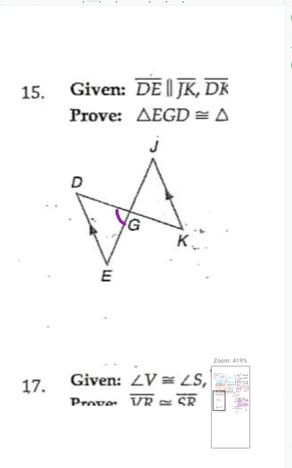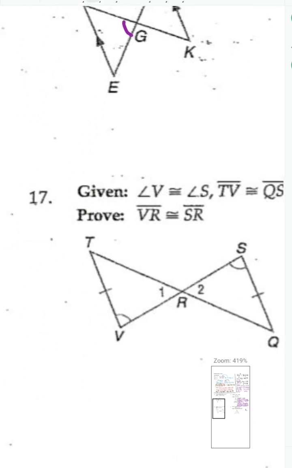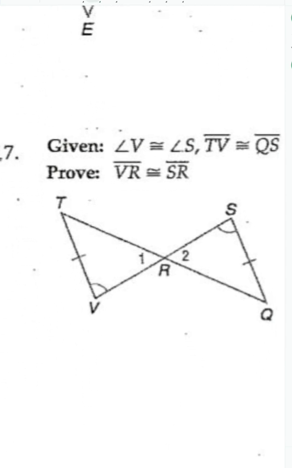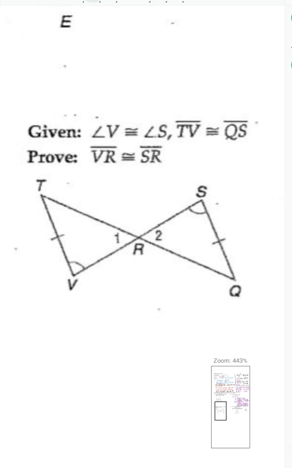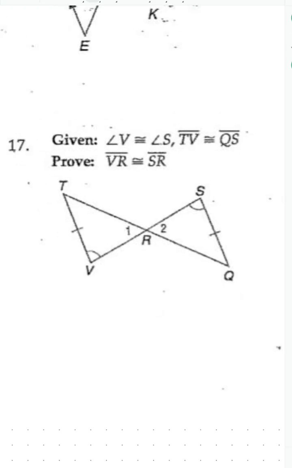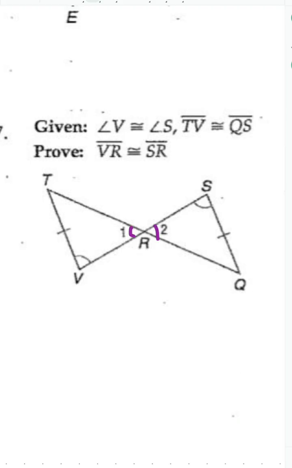Okay, number 15. No, number 17. Okay, number 17. Given angle V is congruent to angle S, and TV is congruent to QS, prove that VR is congruent to SR. Okay, angle 1 and 2 are vertical angles, right? Okay.